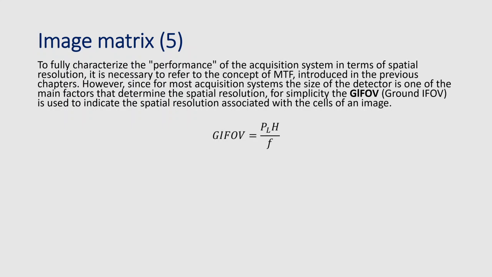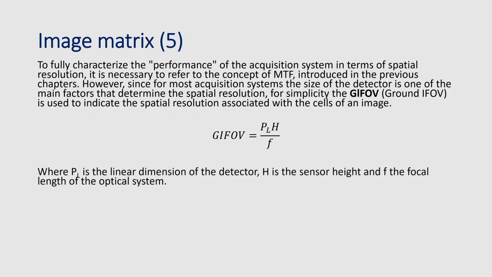So the GFOV could be represented, as we know, by this ratio, where PL is the linear dimension of the detector, and as we know, capital H is the sensor height, and F the focal length of the optical system.